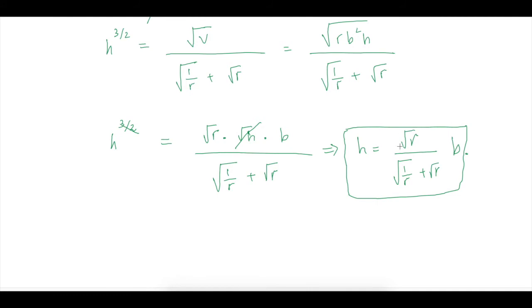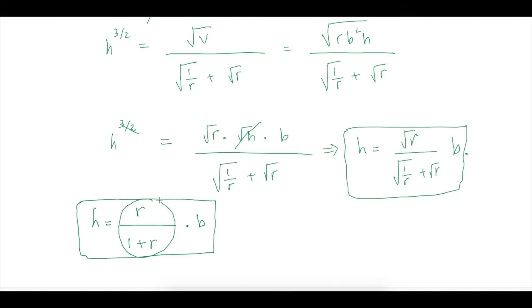Okay, and I can simplify this more. I can say H is equal to R over 1 plus R times B. So this is for any base, any kind of base here. But the question is, what is the value of the appropriate R?